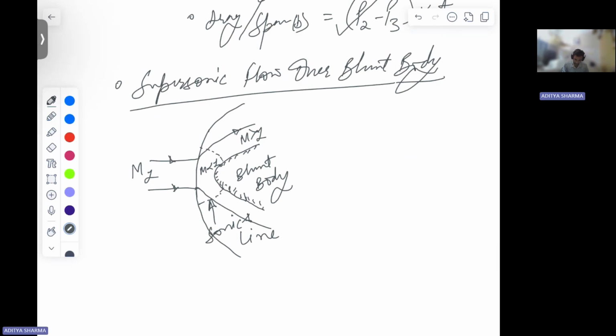So this we are going to see with this beta versus theta graph. It is like this here.